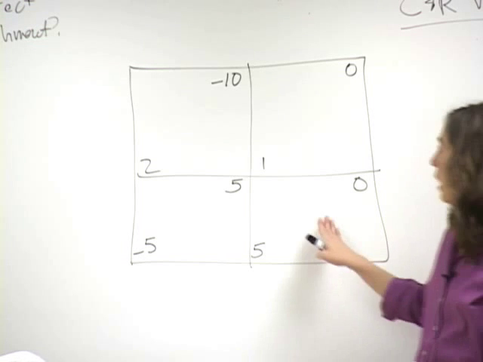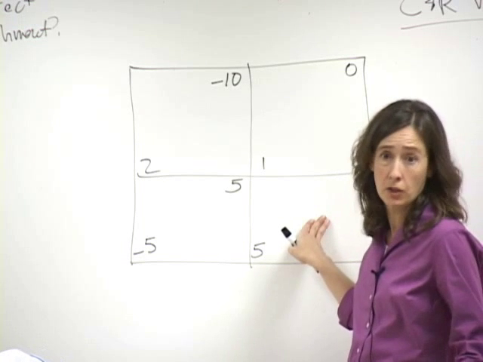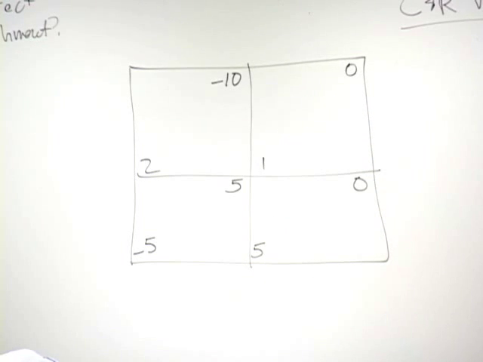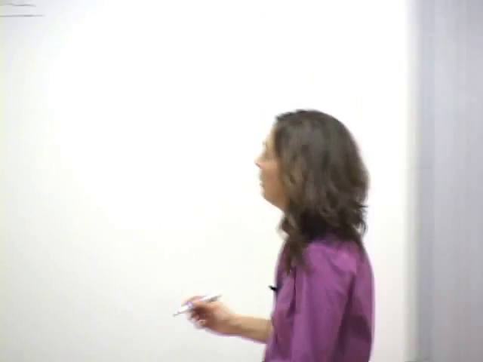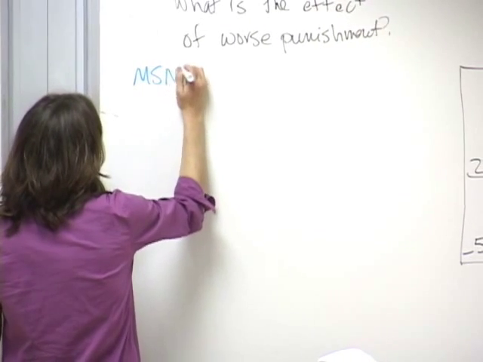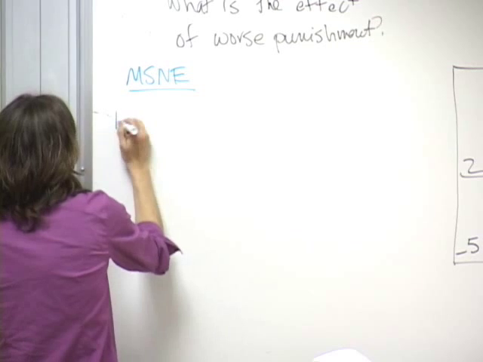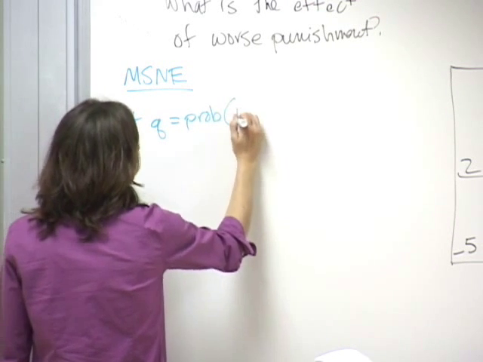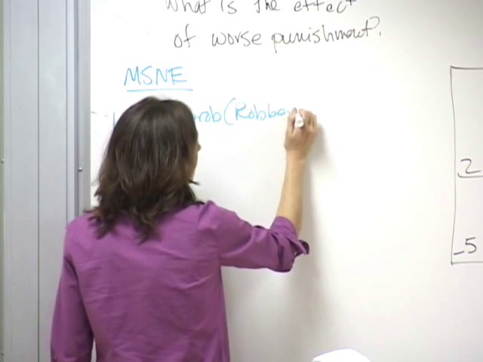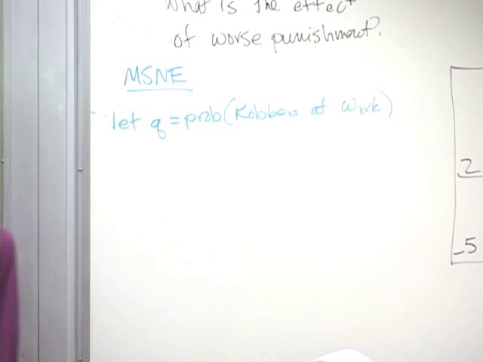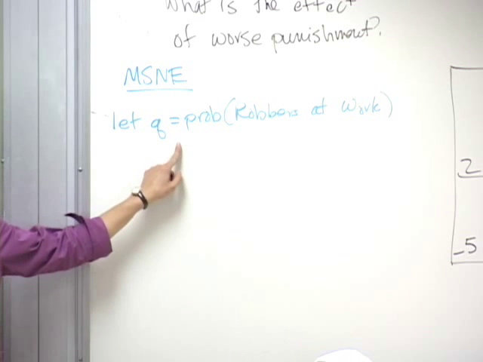One different payoff. We're going to have to look for a new equilibrium because it's a new game. We change a payoff, it's a new game. So let's look for the mixed strategy equilibrium. As before, I'm going to let Q equal the probability robbers are at work. Same as before, and I'm starting with this because this is the one we care about, right?